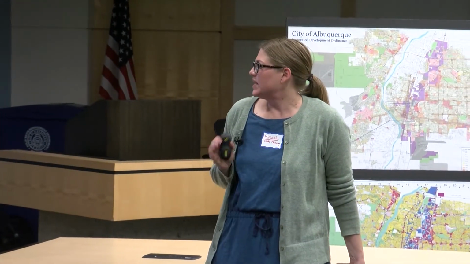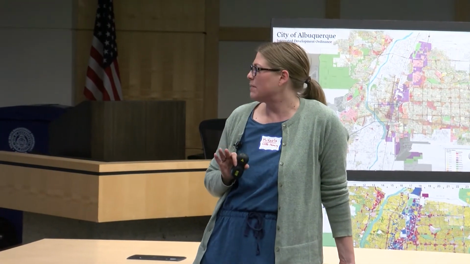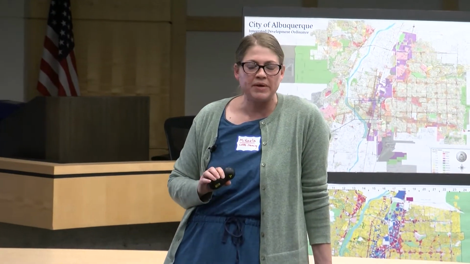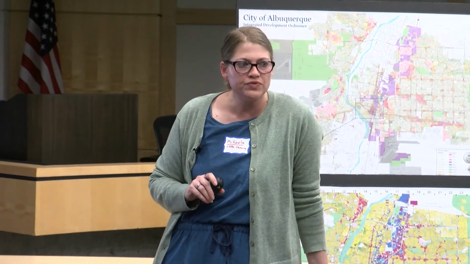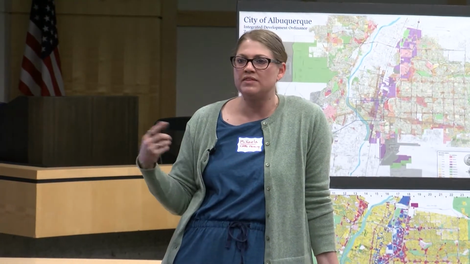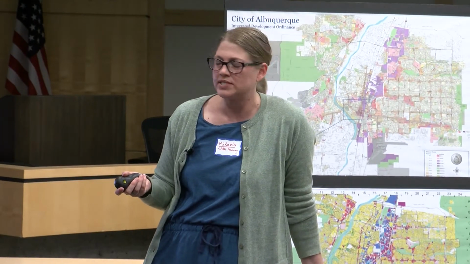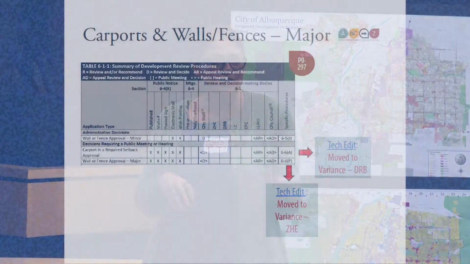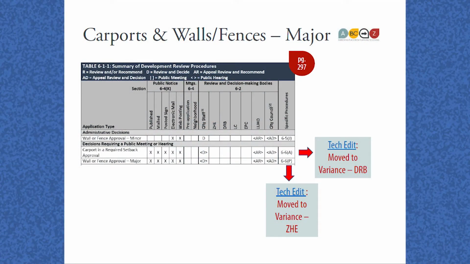Okay. If you open the book today, there's a couple edits that you won't see that will be in the final version that's online as of May 17th. These were approved by council as part of the package of amendments that were 6-month amendments to the Integrated Development Ordinance. If you open table 611 today, you will see 2 line items, one for carport in a required setback, and one for a wall or fence approval major.